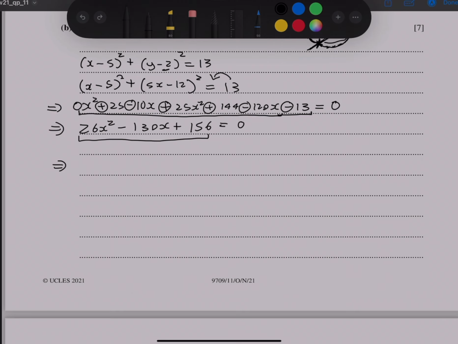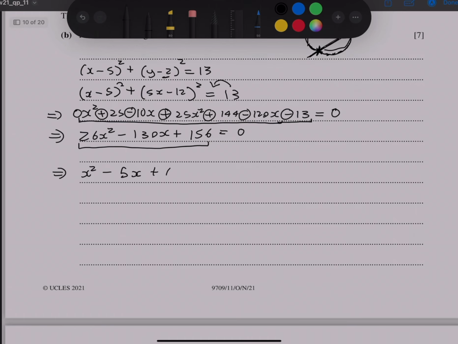Alright, now let's simplify further. Let's get rid of 26 as it is a factor of each term. So we can say x squared minus 5x plus 6 equals 0. So solving this will give us x minus 2 and x minus 3.